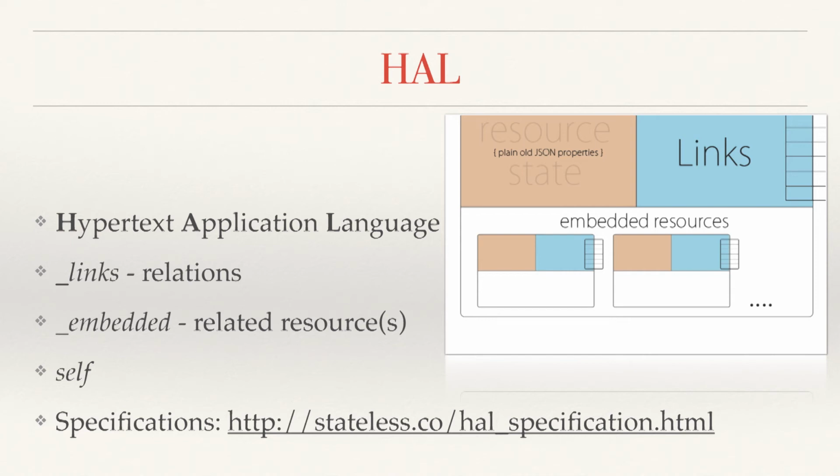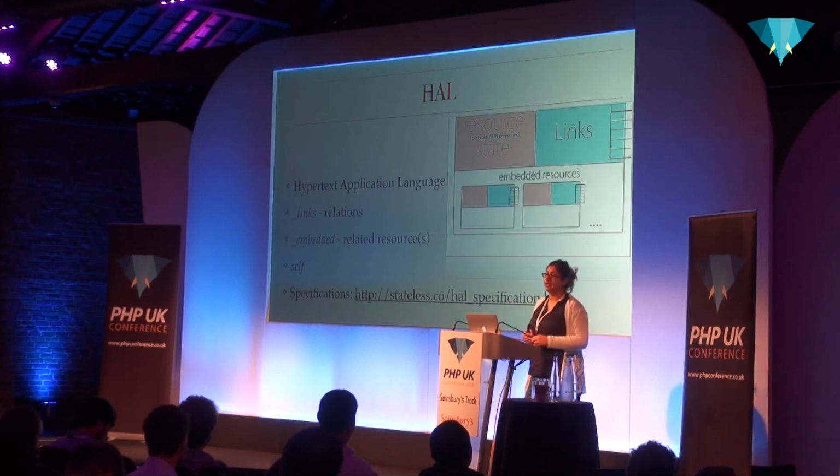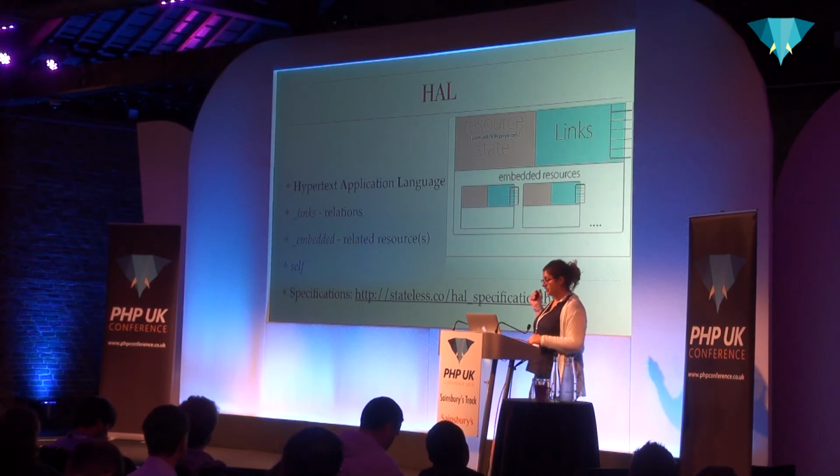Links, it's about relations. So let's say you have a resource and you want to display all the relations of your object. You have the _embedded if you want to serve some related resources. And you have the self. It's basically the URL of the current resource. Go check the specification. It's quite nice.